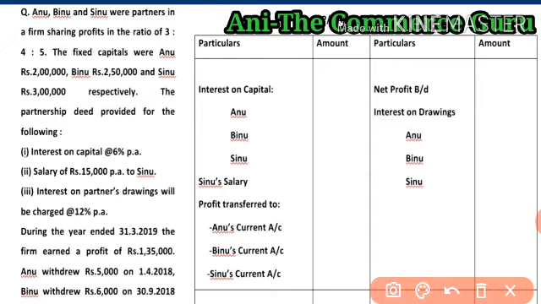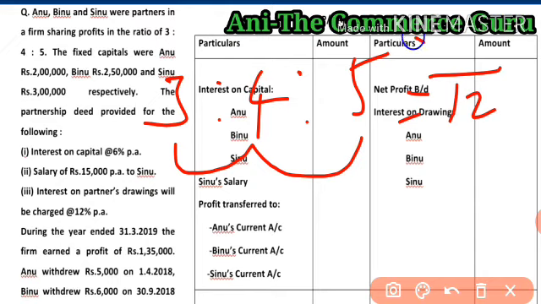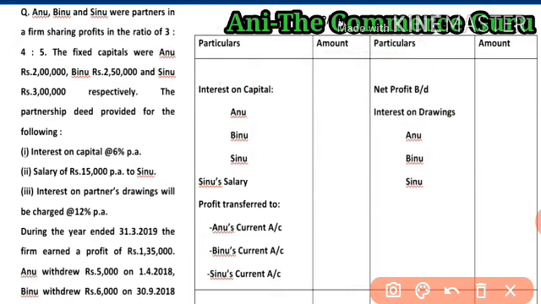We got this 12 as 3:4:5. So 3 plus 4, 7, plus 5 is equal to 12. Altogether 12 shares. Out of it, 3 belongs to Anu, 4 belongs to Binu and 5 belong to Sinu. I hope profit sharing ratio analysis you got it clear. Good.